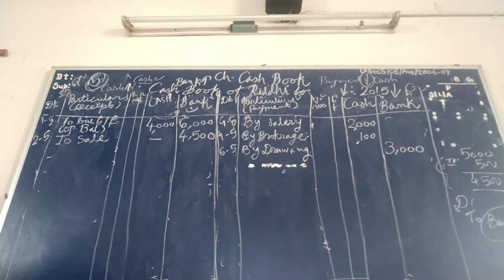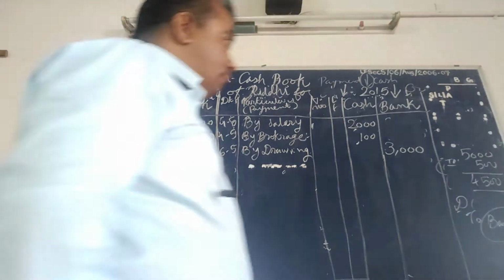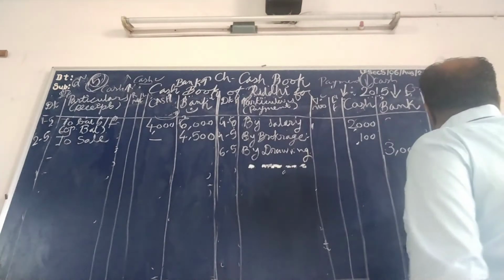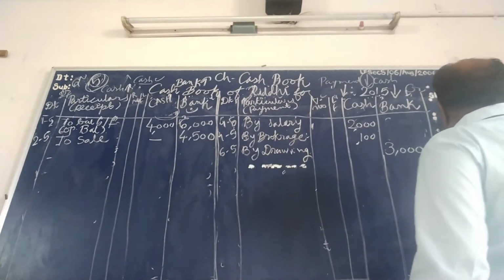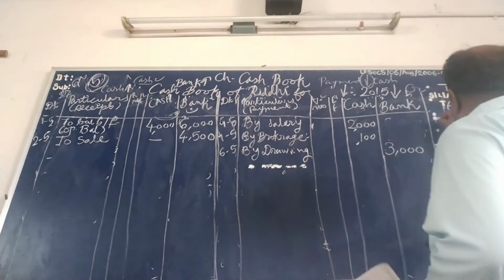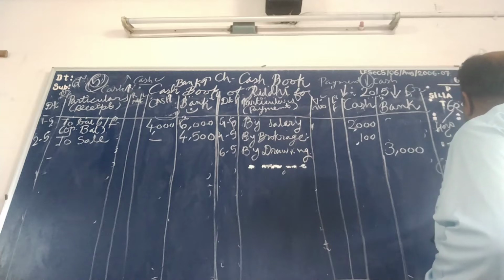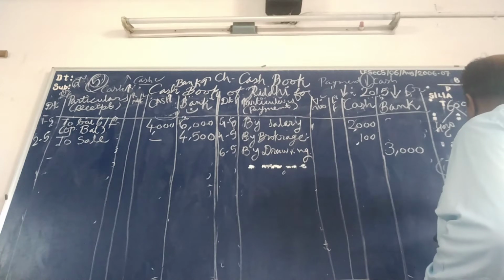Now on the 10th of May, goods of 6,000 sold to Hiren, and Hiren paid 4,000 by cash, and the remaining amount is paid by cheque, which is deposited in the bank. So we sold the goods of rupees 6,000 to Hiren, received 4,000 in the form of cash, and the remaining in the form of cheque.